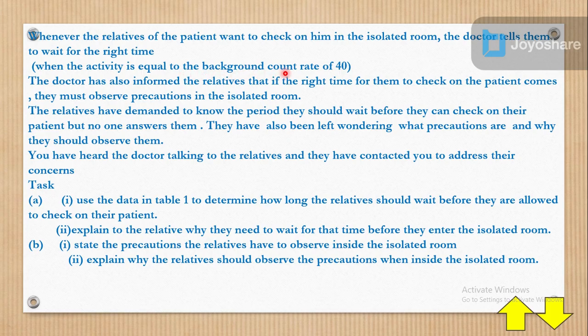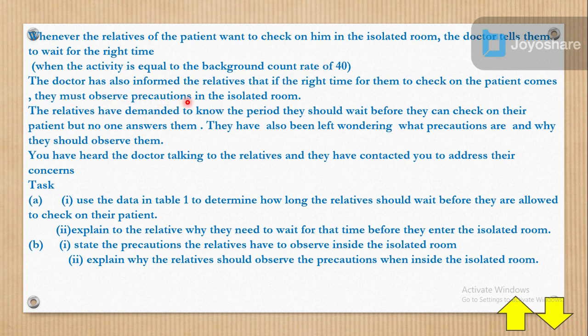That's when it is safe, like your background heartbeat of 72. So this background count rate of 40 is when it is normal and there is no radiation. In fact, background count rate is just radiation measured from the sun, the heat around, without a radioactive isotope. That means that it is not dangerous.